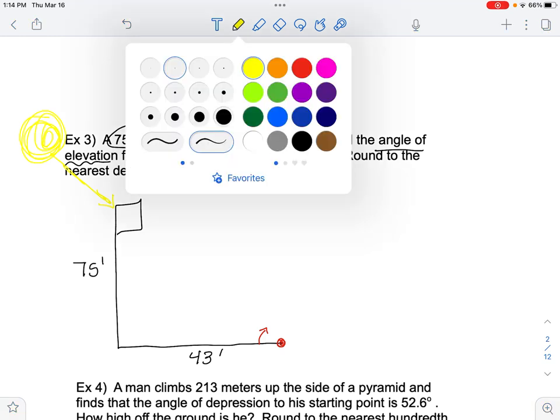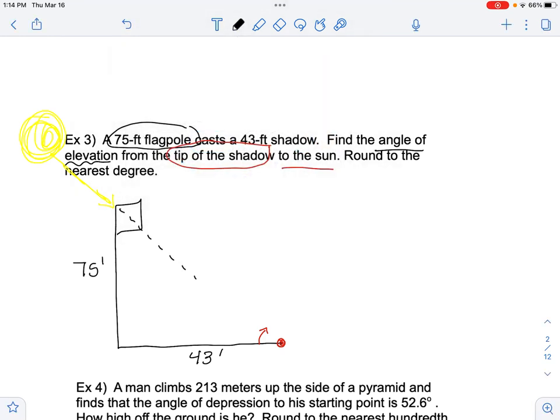And when that sun shines down, it's going to create this line. So what we're looking at here is, again, a right triangle, assuming the flagpole is standing straight up. We do make a little assumption here that this is not the Leaning Tower of Pisa and that it is standing straight up.